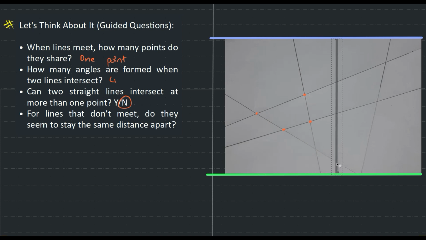The distance is not, the length is not changing. Or is it? Is it changing? Have a look, have a look. Is it changing or is it remaining the same? Yes. The answer is, if the lines do they seem to stay the same distance? Answer is yes. They stay the same distance.